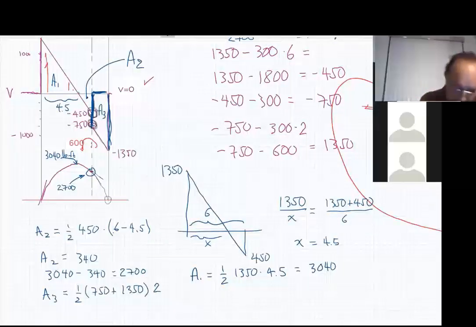And this will give you area 3 equal to 2100. 2100 should be 2700.